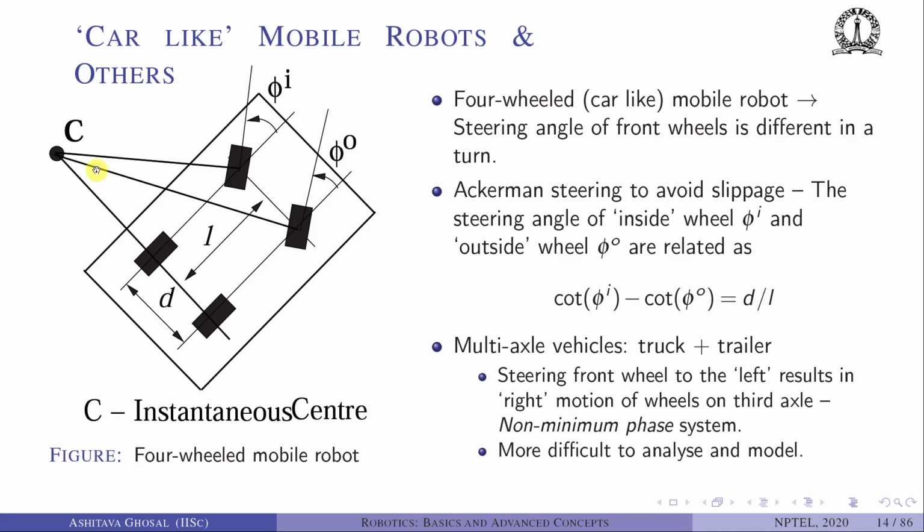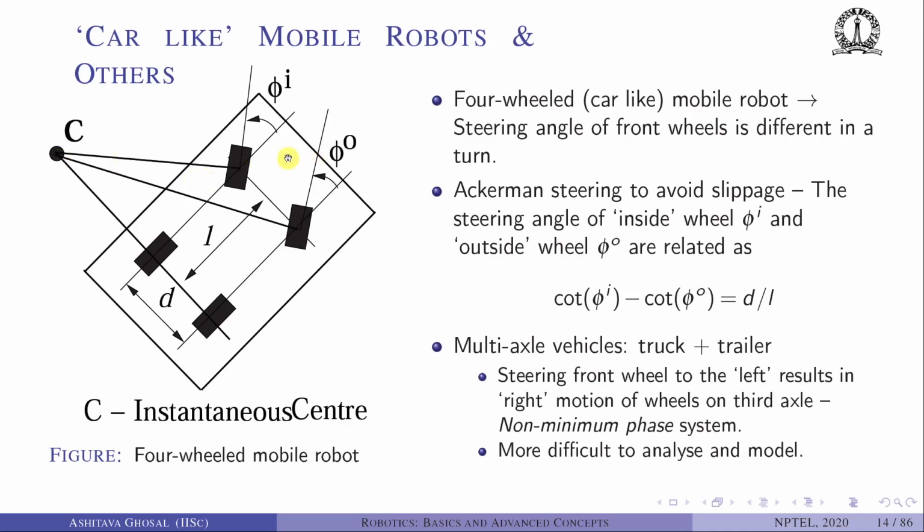Finally, let's look at a car-like mobile robot with 4 wheels. The steering angle of the front wheels is different in a turn. So these 2 wheels need to be steered differently. Otherwise, again, the instantaneous center is not there.